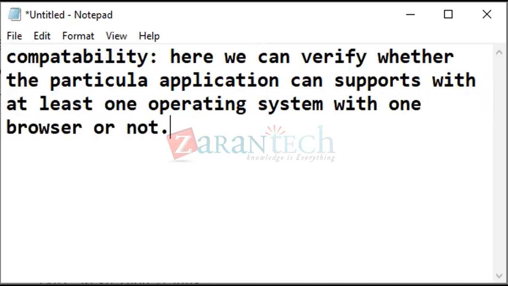A single set of environment. This is called an environment. Okay, so configuration testing.